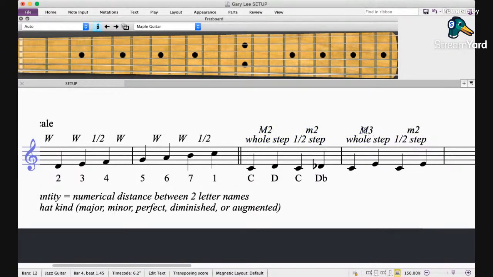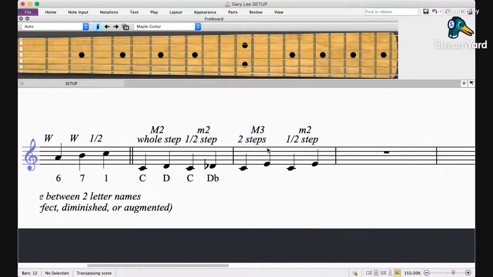This is what's called a major third, and it is two steps apart. And then if we lower the third by a half step, keeping the same letter name, so C to E flat, this is a minor third, and it's 1.5 steps apart.